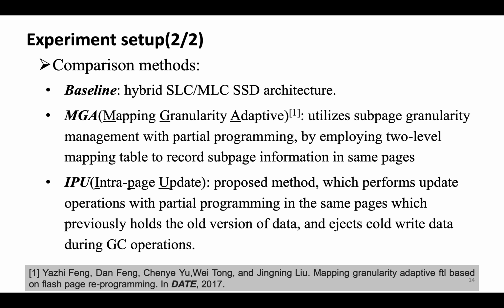Second is MGA. It utilizes a two-level mapping table to support sub-page level partial programming. Third is our design, IPU. It performs the update request in the same page by utilizing partial programming and ejects cold write data during GC operation.